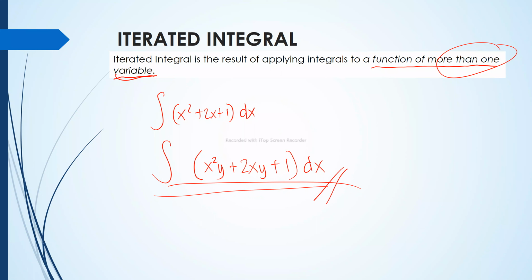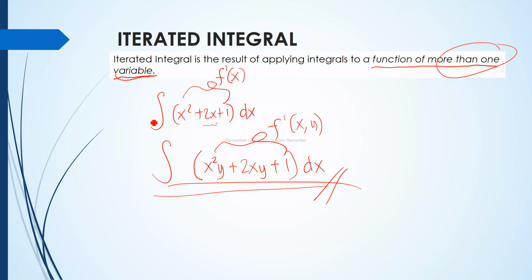It is because we are applying integrals to a function with more than one variable. If you remember, we denote a function of x as f of x, or f prime x because this is a derivative. Since we have two variables in this example, we denote it as f prime xy.